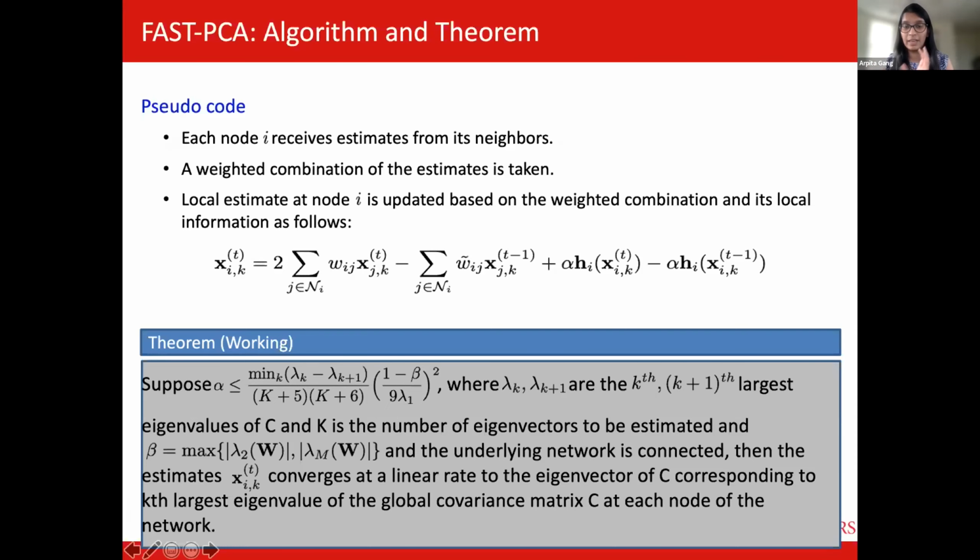That's what I'm calling the global covariance matrix. And we could show that this x_i^k converges to the eigenvector corresponding to the kth largest eigenvalue of the global covariance matrix.